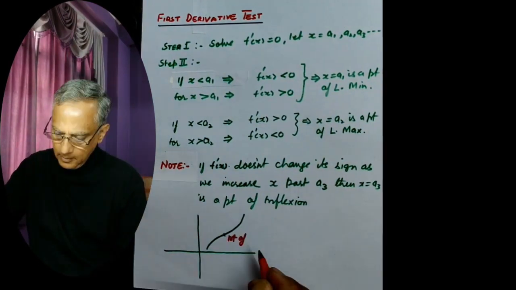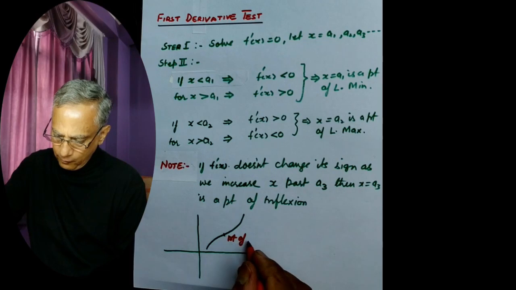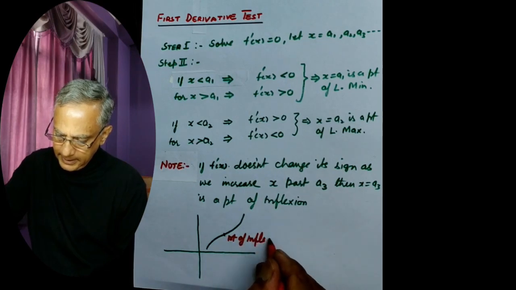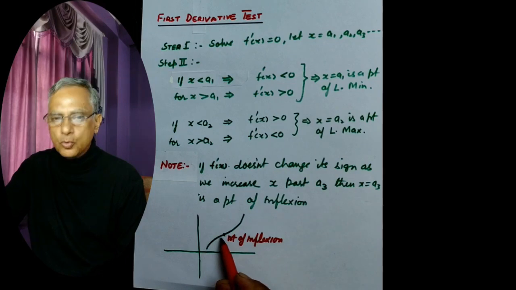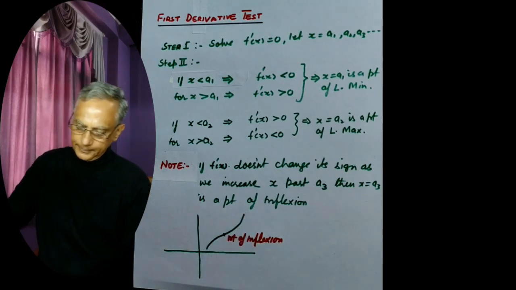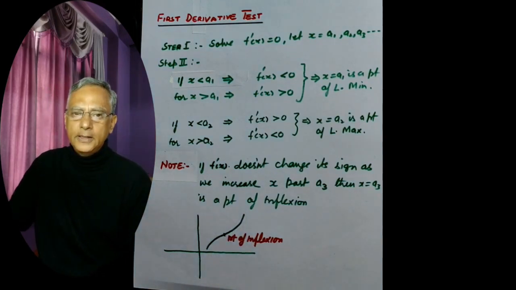Such point is known as point of inflection. That is, the graph changes its trend from concave downwards to concave upwards. Such point is known as point of inflection.